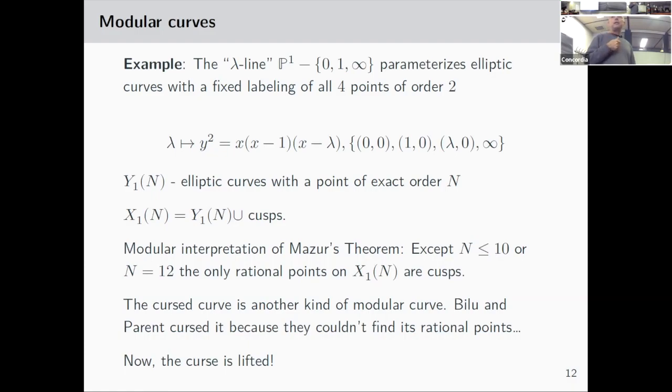And so what they did was, like 5 years old, they just decided to curse the curve. And since then, it was known as the cursed curve. But now, of course, the curse is lifted, because these guys that I listed before were able to find the rational points using these p-adic techniques.